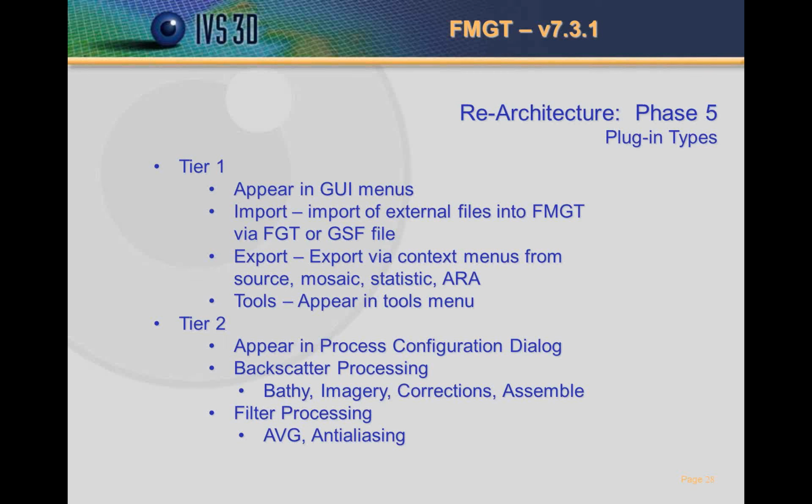You could create a standalone tool such as an automated target tracking utility that runs with its own full GUI if required. The Tier 2 plugins can replace specific components of the processing pipeline. For example, if a new sonar comes online and it requires a different set of backscatter corrections, we don't have to release a whole new version of GT. All we do is build a new plugin for the corrections for that particular sonar.